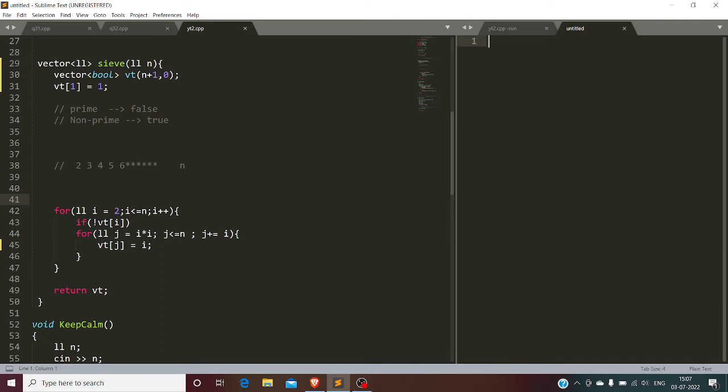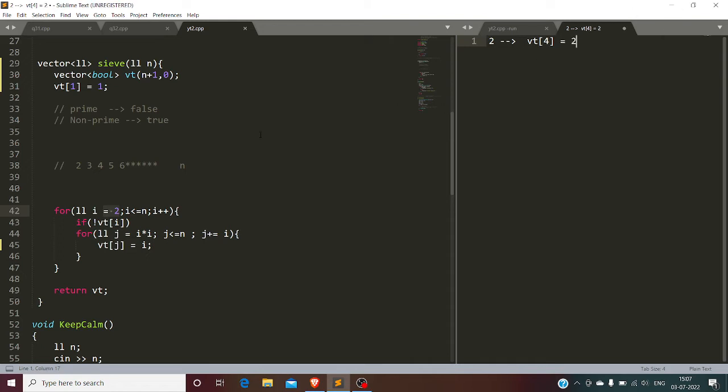Let's see, i equal to 5 initially, right? Then if 5 goes inside, let's say it's 2 and i equals 2. This i equal to 2, if I go inside, then it sets 4. vt of 4 should be equal to i, meaning 2.